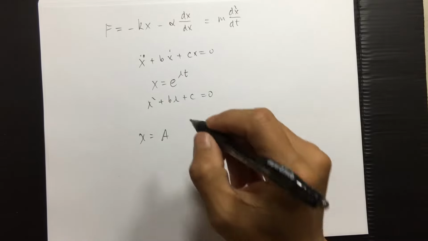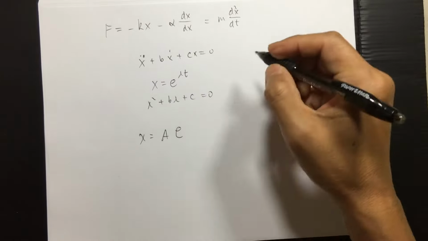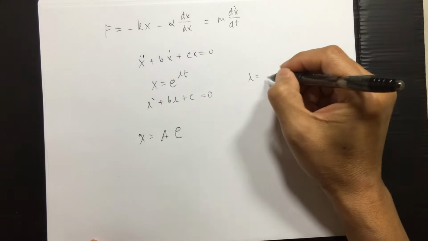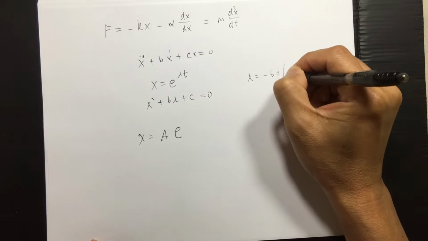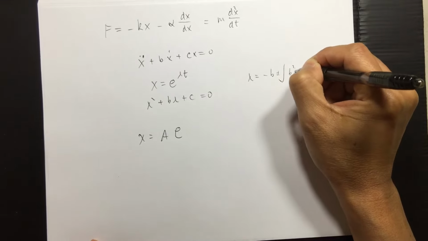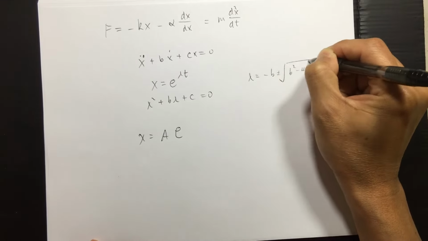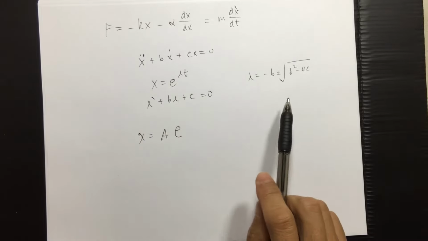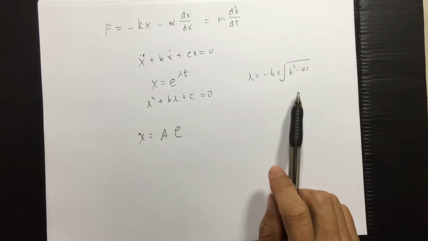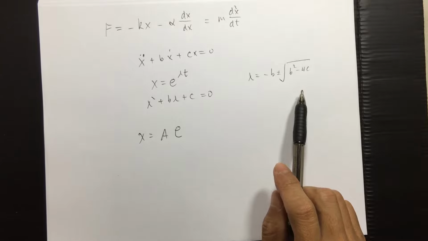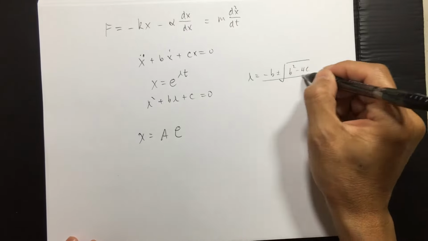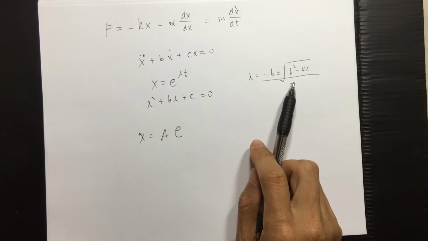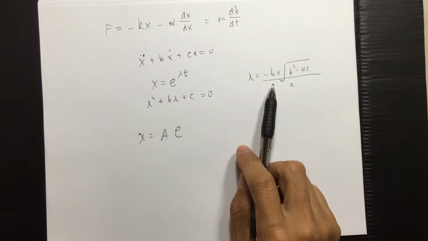And then lambda equals minus b plus or minus the square root of b squared minus 4c, all over 2. In this case, because these are all real numbers, this is going to be an imaginary number, and this is the real number.